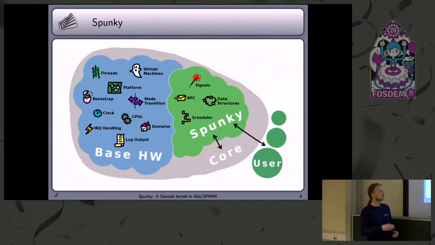And the third thing that I started this winter was the scheduler. And this, yeah, it was essentially the same. The scheduler is pretty complex compared to the other modules in the base HW kernel because it is the only kernel that applies the quota-based CPU scheduling system that Genode has. So you can trade CPU time between components. And this makes it a little bit hard.